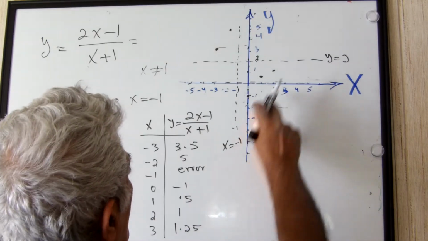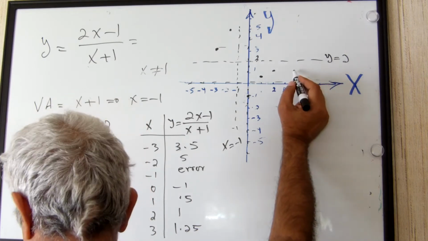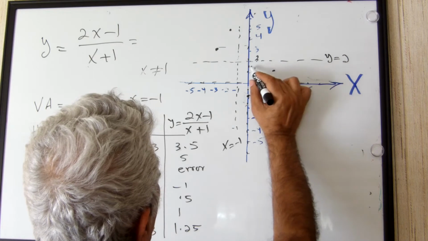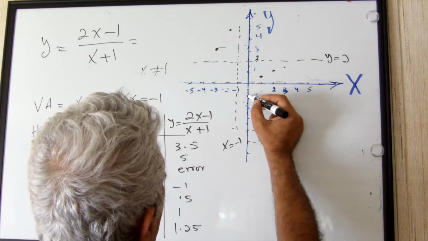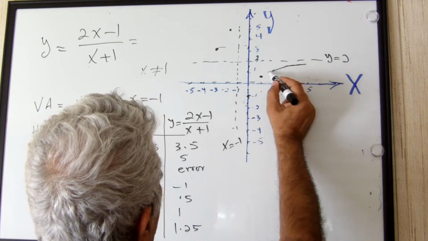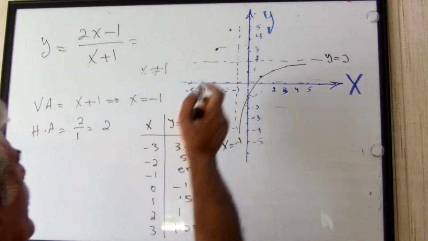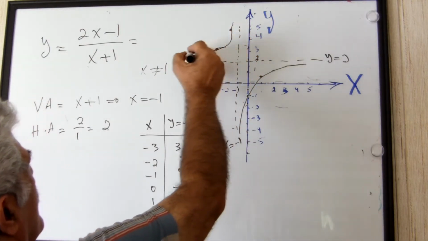So 2, 1, and then if we go further up, 1.25 at 3 is going to be here somewhere. Let's connect these points, it's going to be like this, and if we add some more points, it's going to be like this.